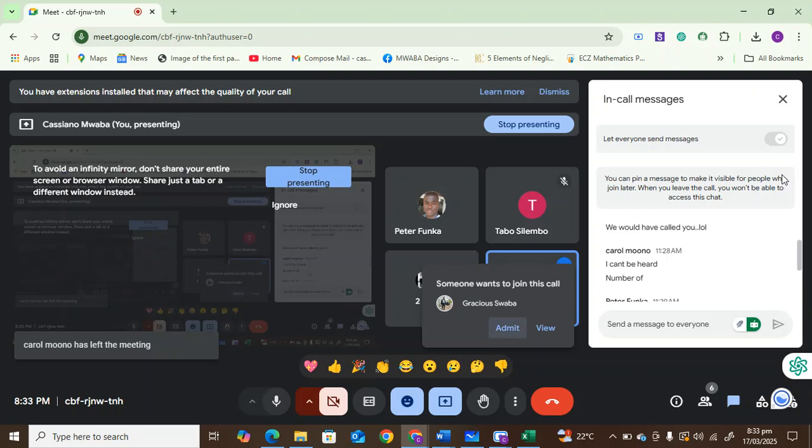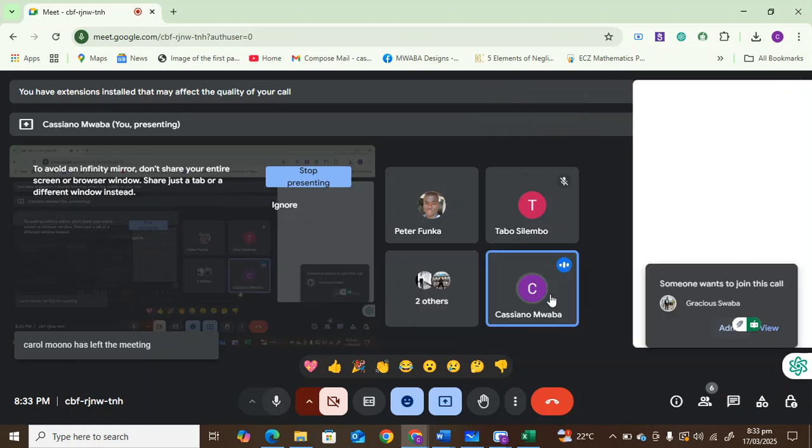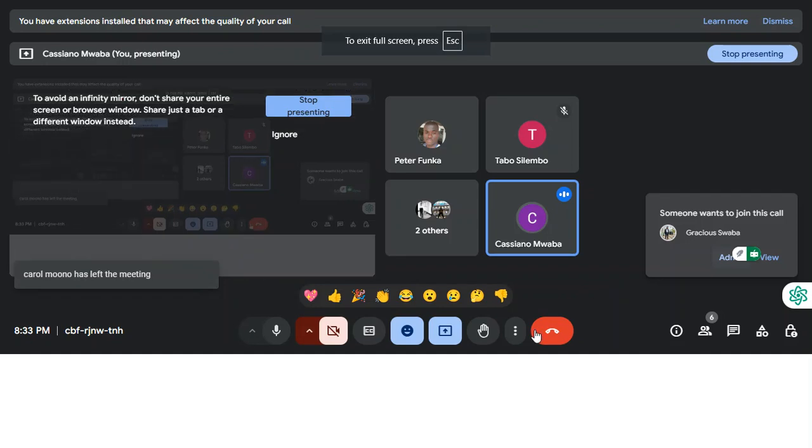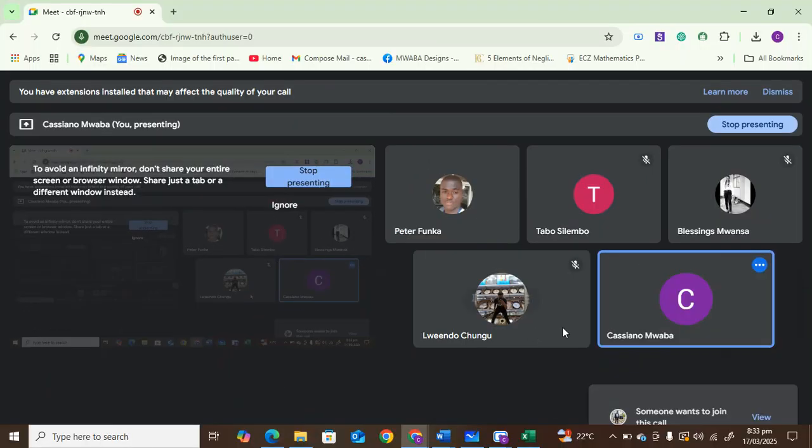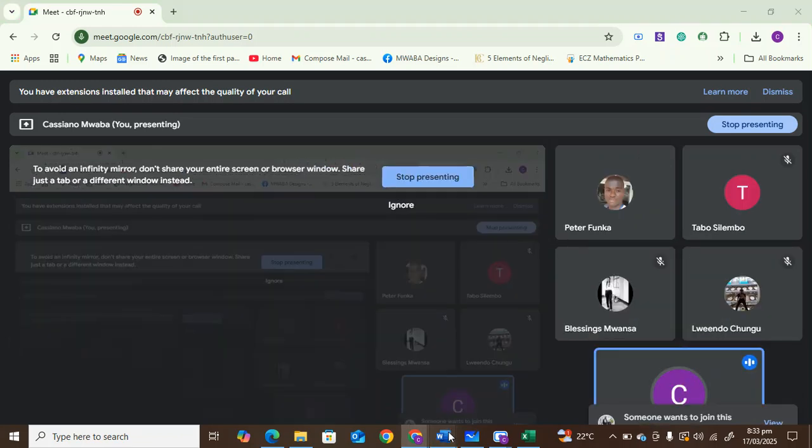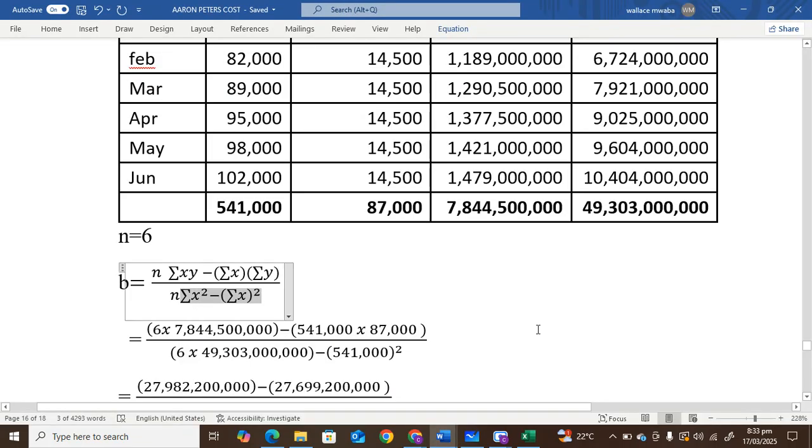Summation of x squared: you're looking at this last column, because this is the x squared column.